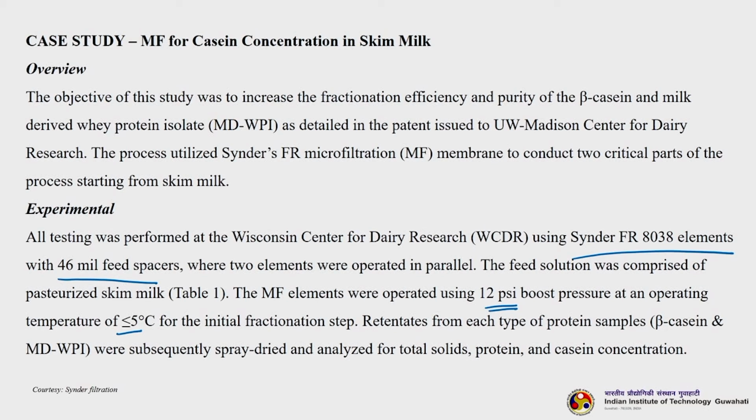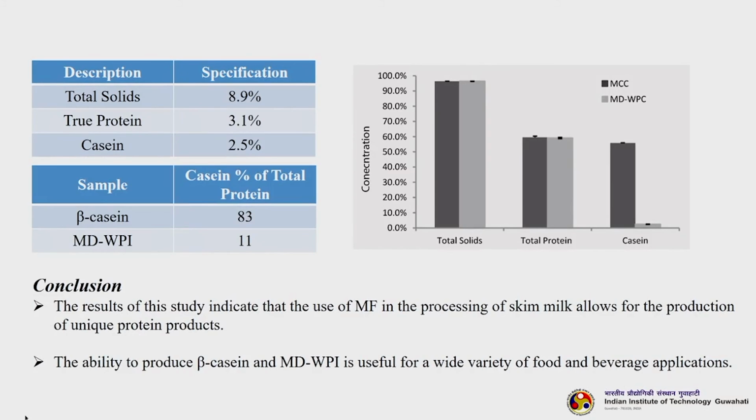For the initial fractionation step, retentates from each type of protein sample, which is beta casein as well as the MDWPI, the milk derived whey protein isolate, were subsequently spray dried and analyzed for total solids, protein and casein concentration. So, you can see the total solids is 8.9%, true protein is 3.1%, casein is 2.5%.